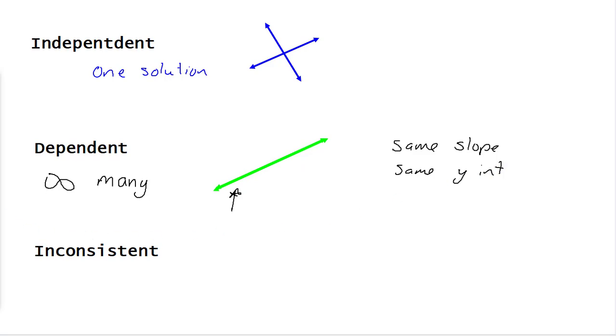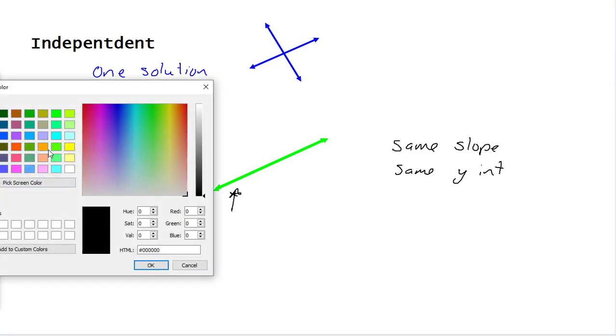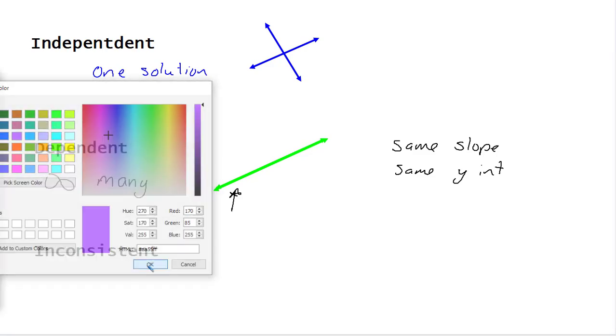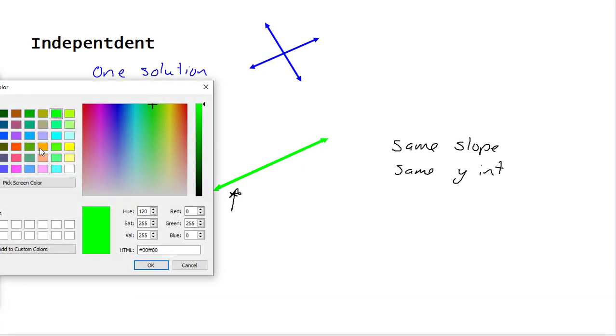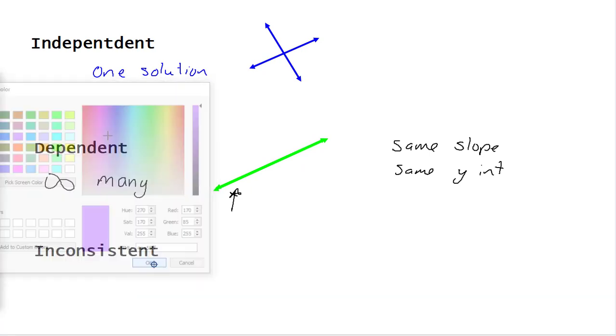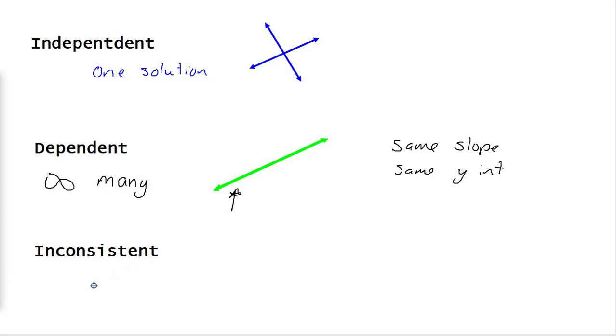And then the next situation you could run into is an inconsistent system. In that situation, there is no solution because the lines themselves are parallel.